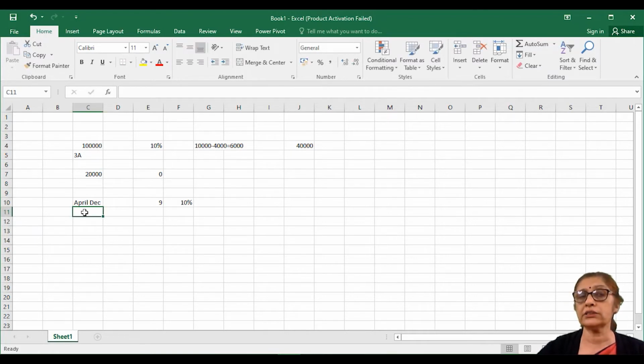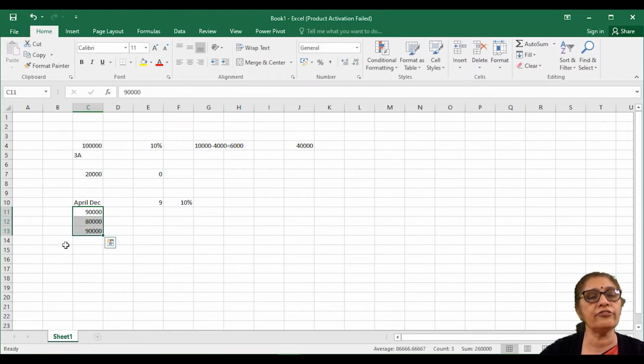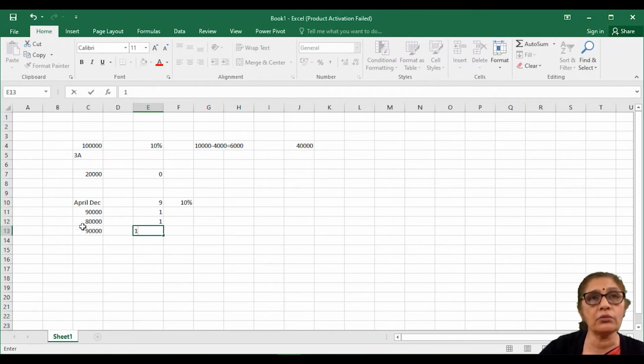Now January I start repaying 10,000. So end of January, last day of the month, I have 90,000 outstanding. End of Feb, 80,000 outstanding. End of March, 70,000 outstanding. So for these 3 months, Jan, Feb, March, I shall be finding out the value for each month. Jan, 90,000, 10%, 1 month.